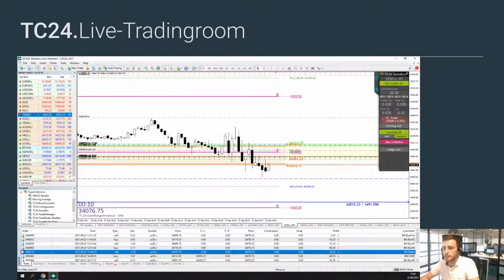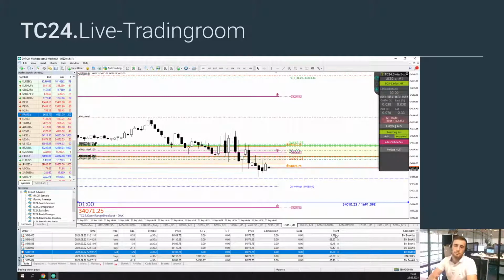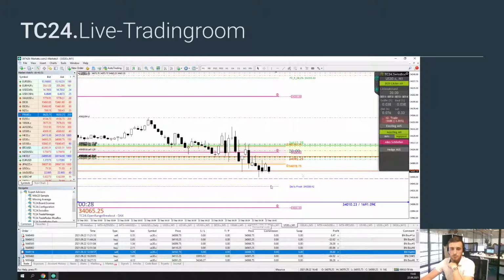About 5 points off of getting a close there earlier. As the market pushes over the line.